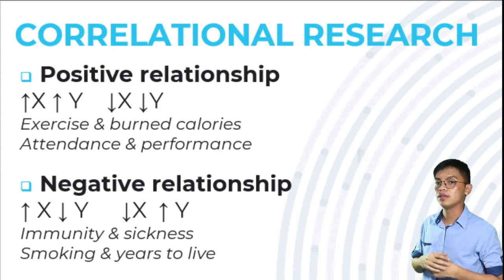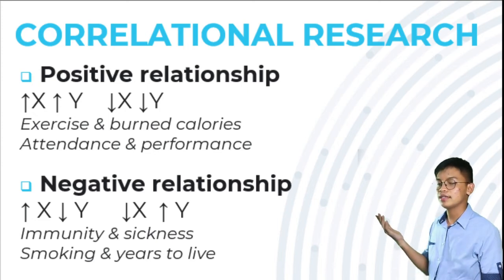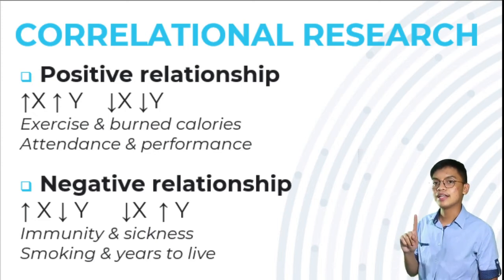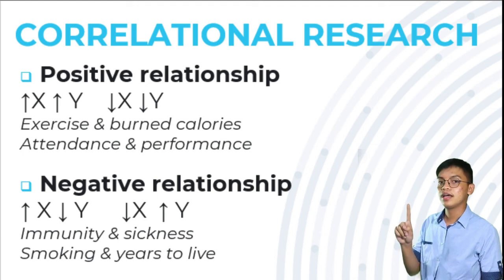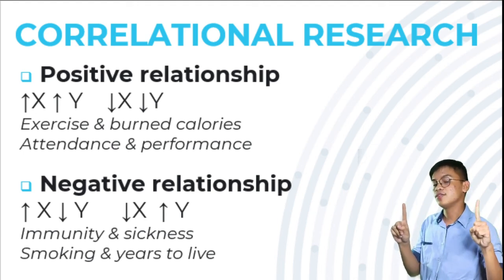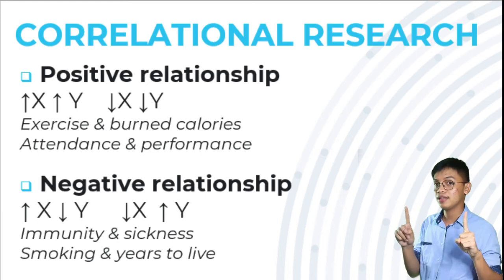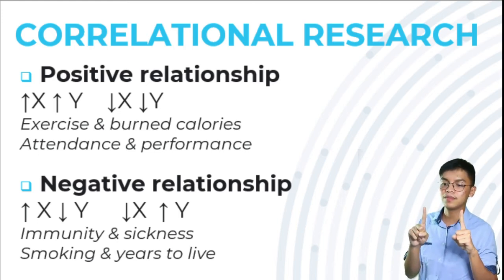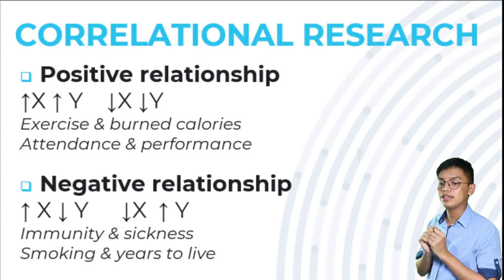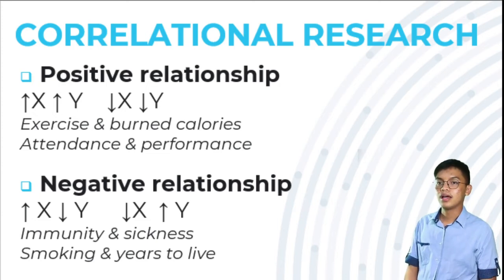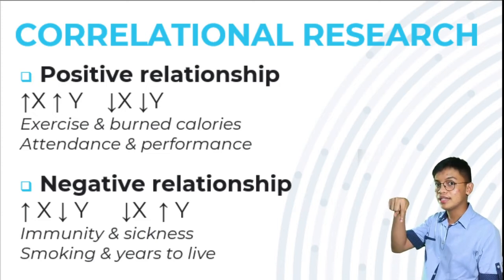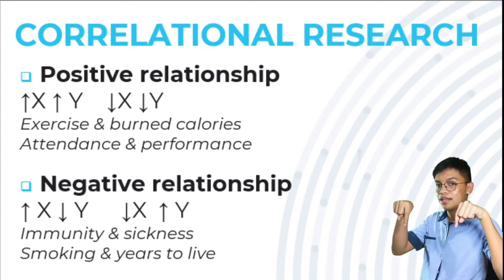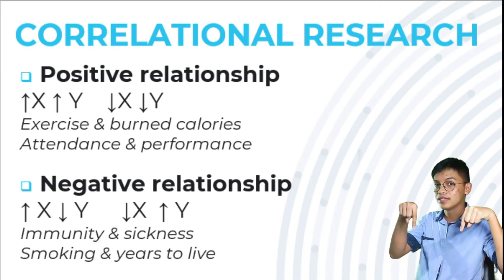Say, for example, the relationship between exercise and burned calories. The more you exercise, the more calories you burn. That's a direct relationship. Another, attendance and performance. The lesser is your attendance in my class, the lesser could be your performance.